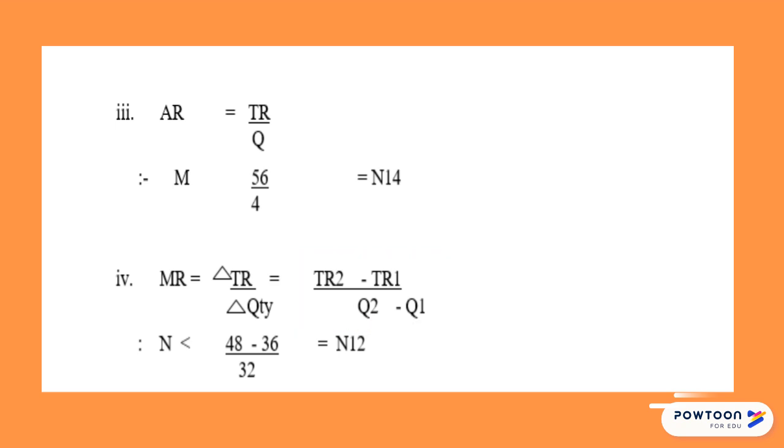That is 48 minus 36 divided by 3 minus 2, which is 12. 12 is the value of N, that is the marginal revenue, 12 naira.